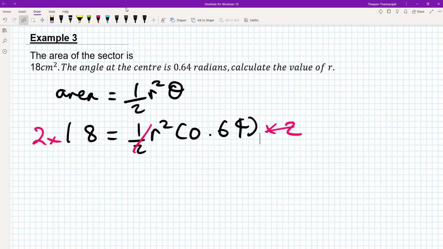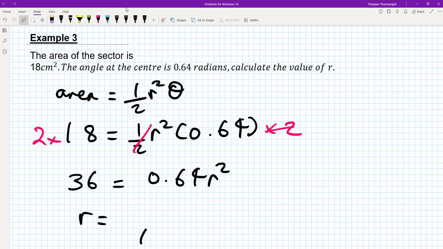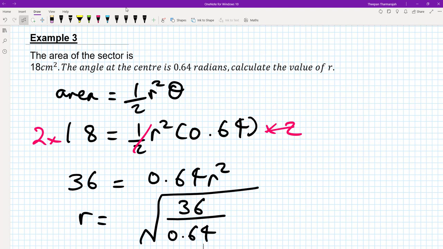So double of 18 is 36. That's going to be equal to 0.64 times r squared. And to find r, that's going to be the square root of 36 over 0.64. And then we're going to get our result from the calculator.